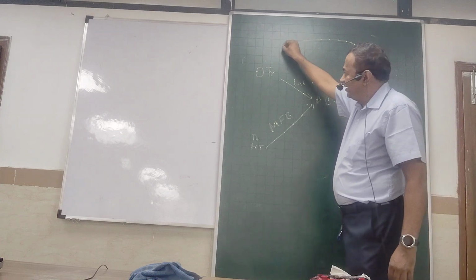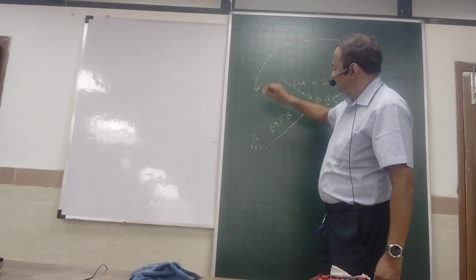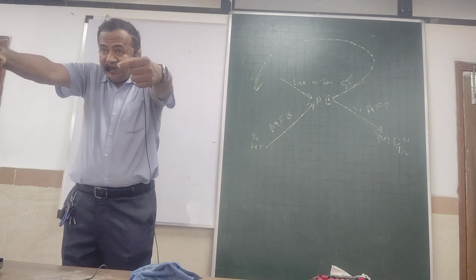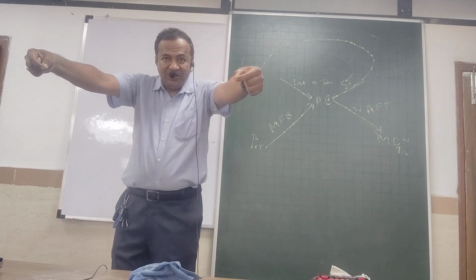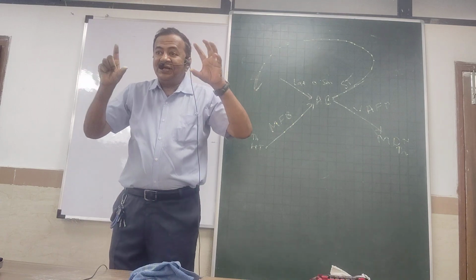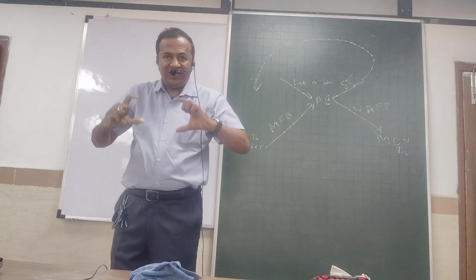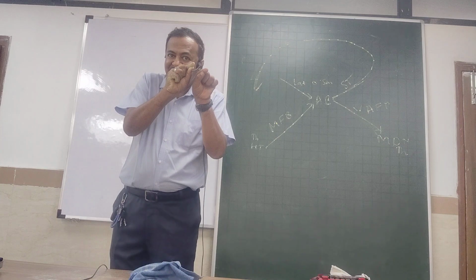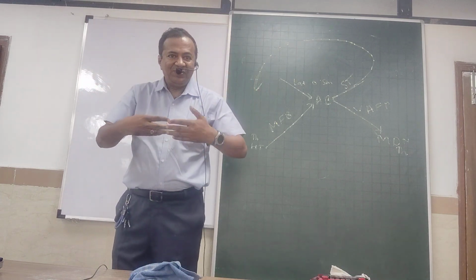Remember caudate nucleus, thalamus, and in between two dots, thalamostriate vein and stria terminalis.